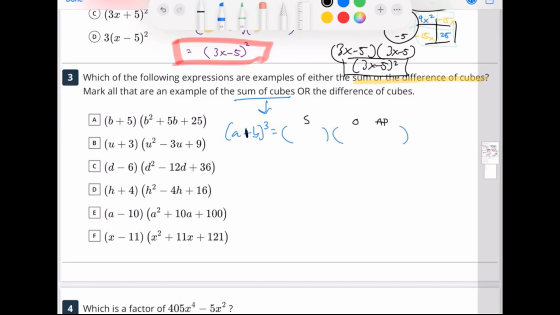Okay, and then I'm going to highlight this symbol so you can see it. S stands for same, O is opposite of positive, which is negative, and AP, which is always positive. Okay, and that SOAP actually applies to the other one as well, so let's just fill that out. So a plus b, a squared, ab, b squared.